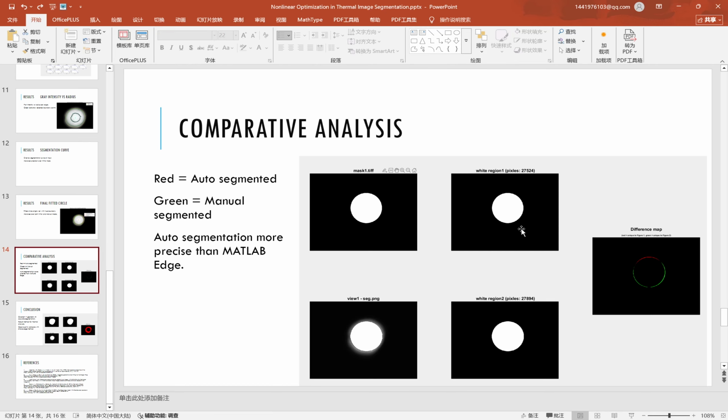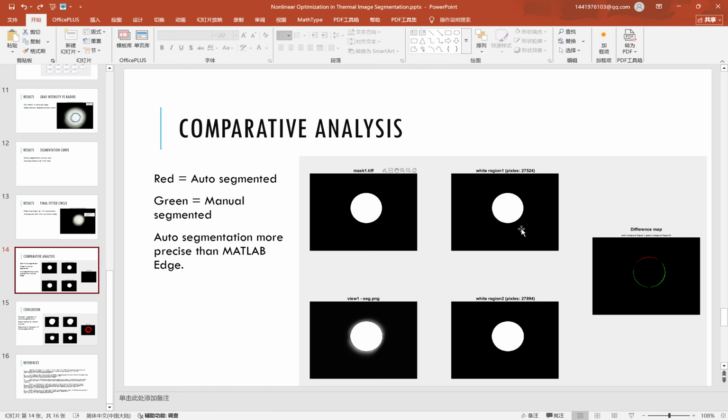Then I save the difference to an RGB picture. In the first channel, I save mask one, which is the automatic mask, and in the second channel, I save the manual mask.